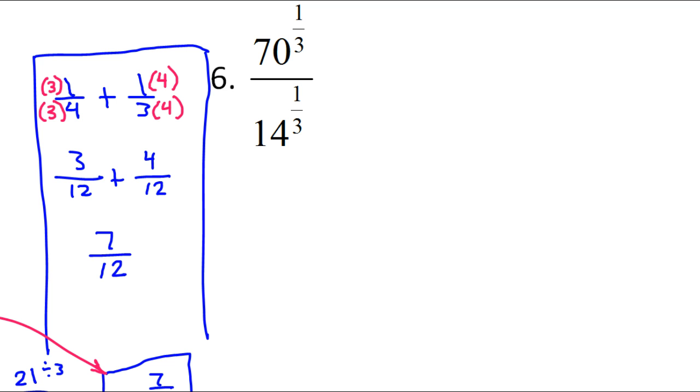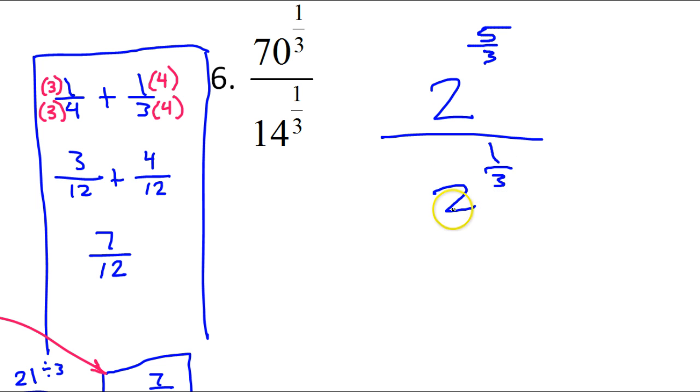Okay, so look, here's the rule that I want you to be comfortable with. If the bases are the same, like for example, if I have 2 to the 5/3 power over 2 to the 1/3 power, if the bases are the same, then I can go ahead and work with the exponents.